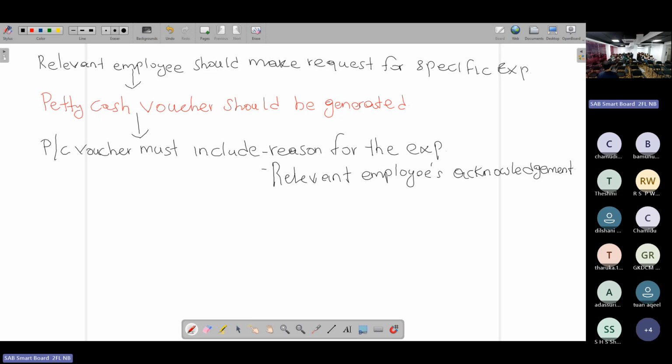Once he receives the cash from the petty cashier, he should sign the petty cash voucher. And the approved person's signature.